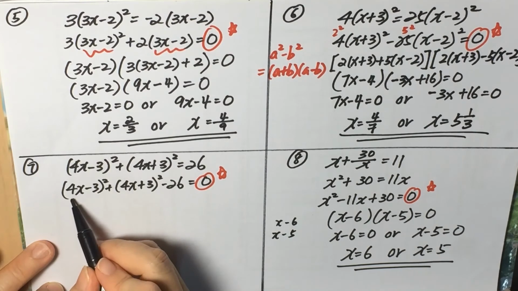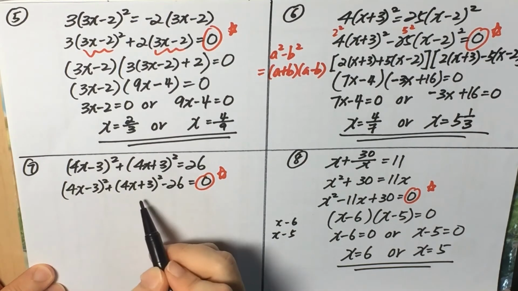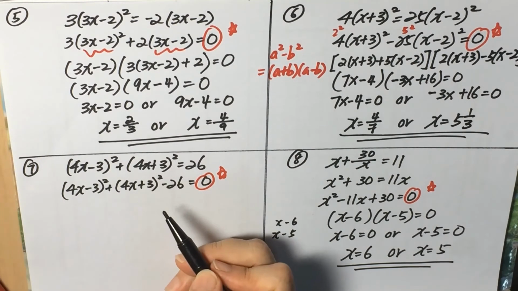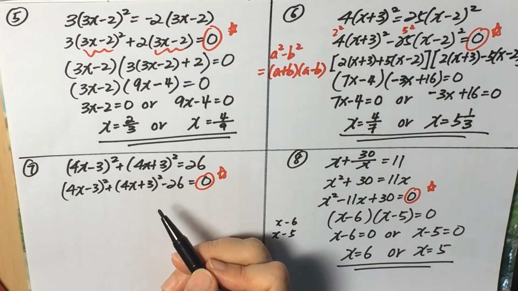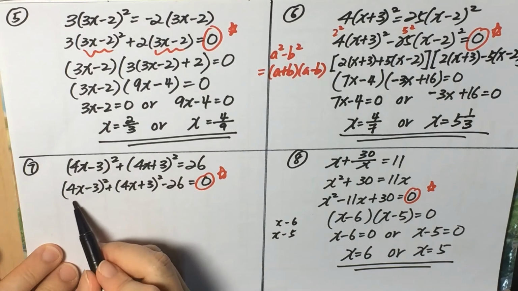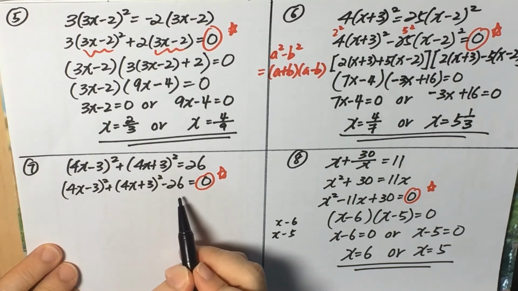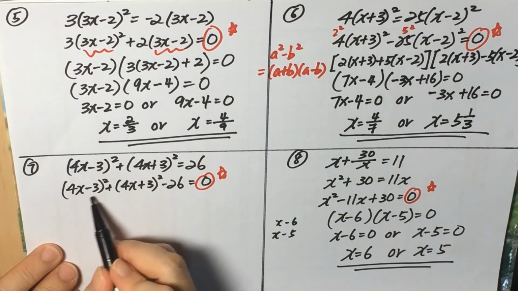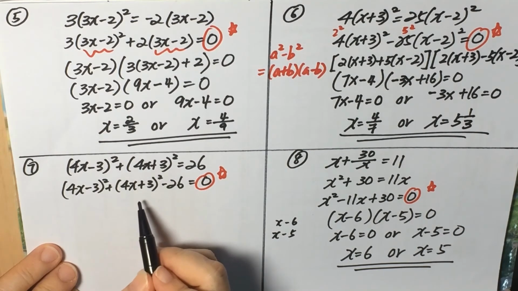Here, this is 4x minus 3. This is 4x plus 3. They are not related, so there's no common factor to bring out. So what we have to do is expand, and then simplify. When we expand this, the middle term is negative 24x. When we expand this, the middle term is positive 24x.